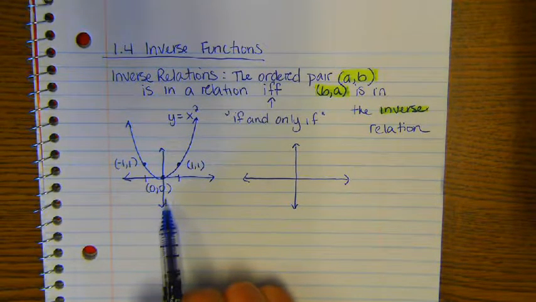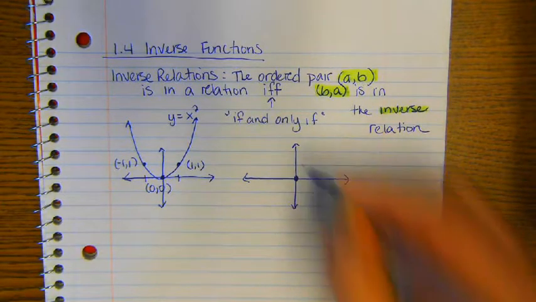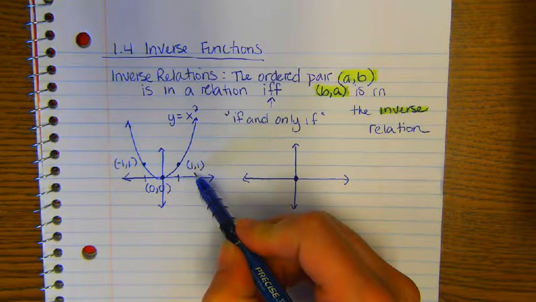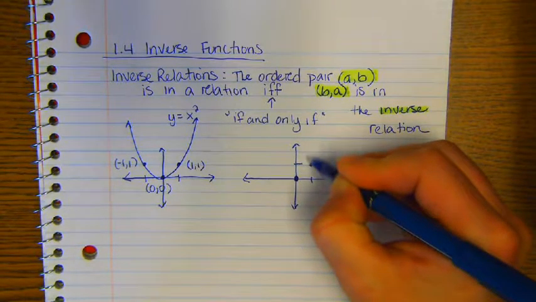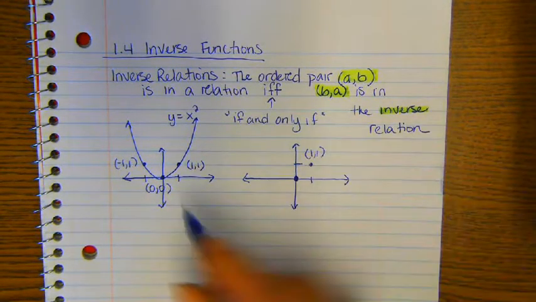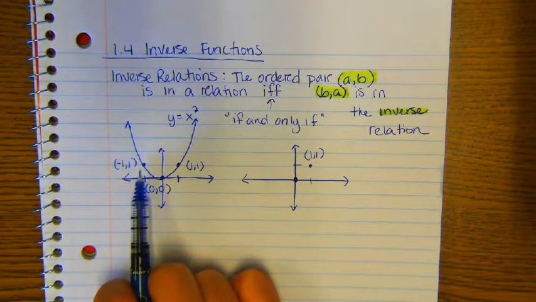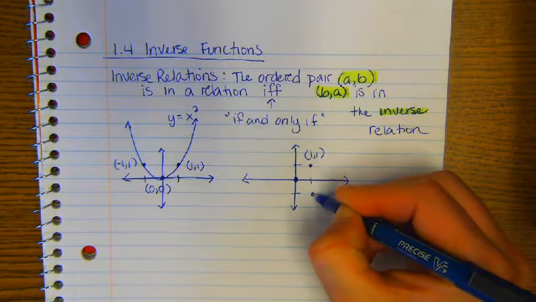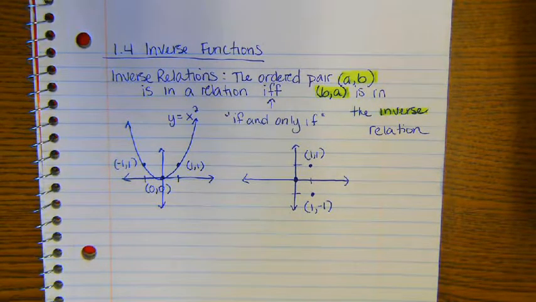Still 0, 0. How about if you reversed 1, 1? Still 1, 1. But how about if you reversed negative 1, 1? Then I'd have 1, negative 1. So we have a parabola now that opens to the right.